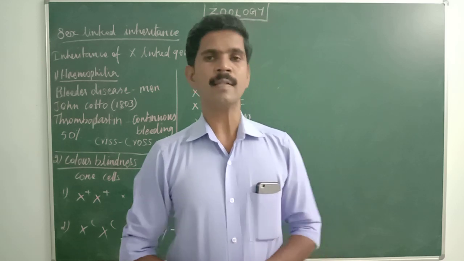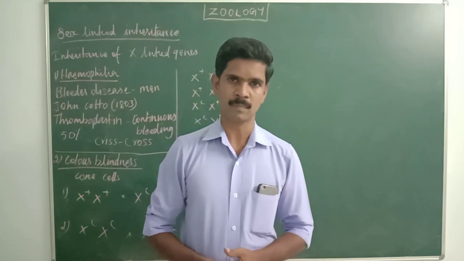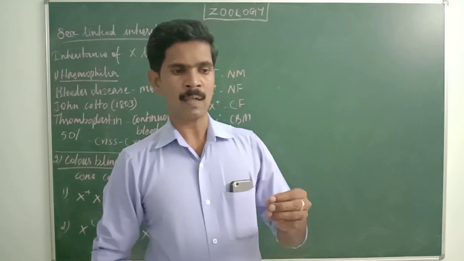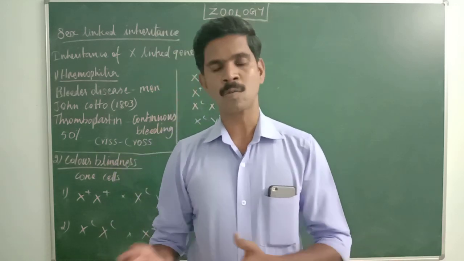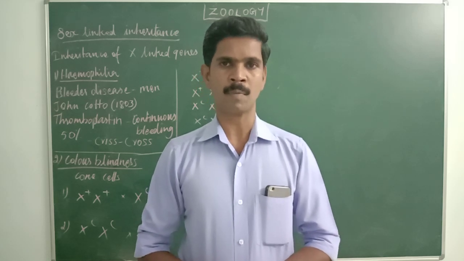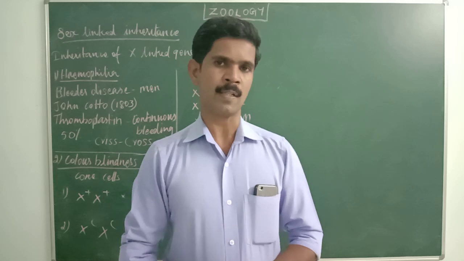Each and every chromosome consists of a particular number of genes. The first chromosome consists of a particular number of genes, and the last chromosome consists of a particular number of genes. Like that, each and every chromosome consists of a particular number of genes.